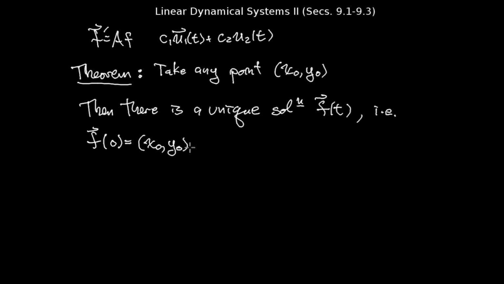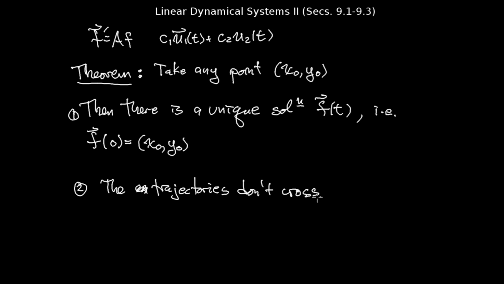And I'll say another aspect of this. So let me call this 1. And then second of all, the curves that you get this way, the trajectories, I'll call them, trajectories don't cross. So that's a little bit vague, but I think you know what I mean, and anyway, I'll remind you.